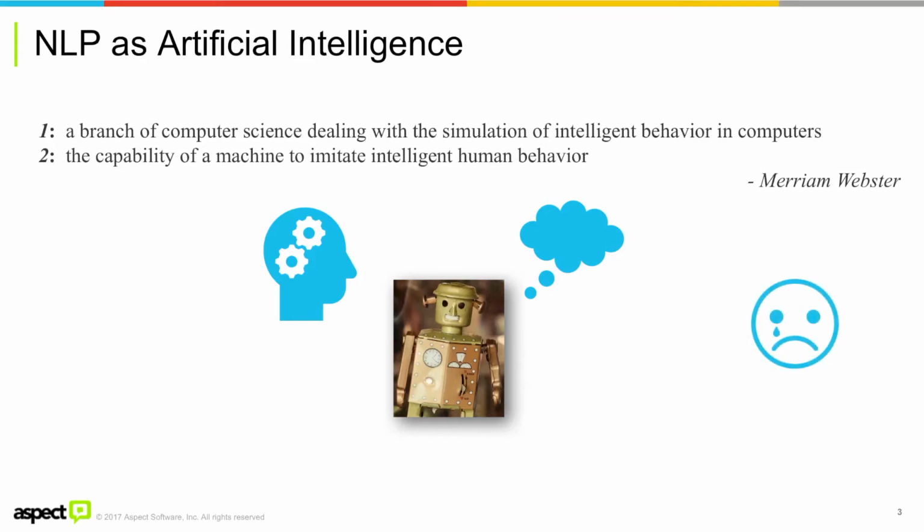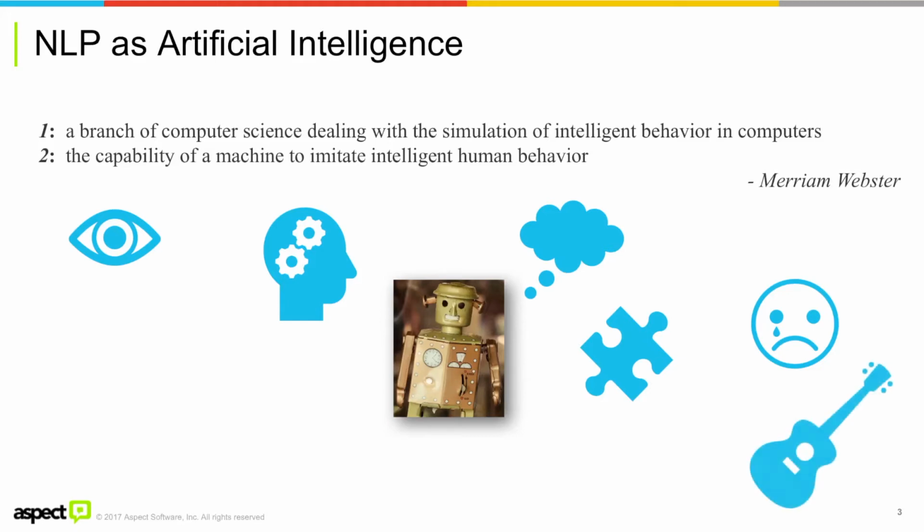Some people say, as long as they can solve complex puzzles, that's what we need our AI to do. Some people say we'll define it as the ability to look at objects and recognize what they are. There are even people who say we will have achieved artificial intelligence when we can compose music with AI, which actually is already happening. Some people say, you know what, it doesn't need to do all those things. If it's at least as intelligent as a dog, and we say that dogs are intelligent, then a computer is intelligent.